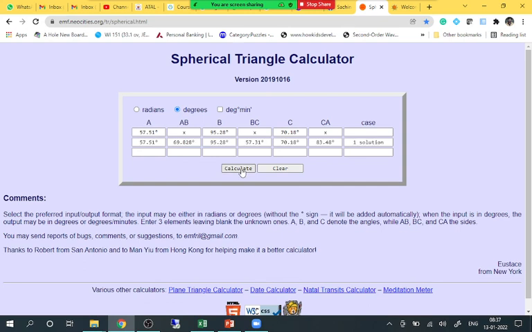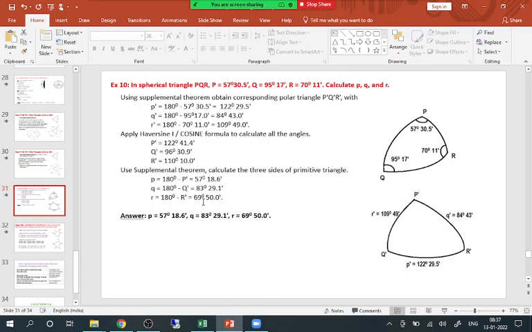So I said calculate, and you observed we got a unique solution again. Only one solution we got, and the answers are 69.82 degree, 57.31 degree and 83.48 degree. See, the first answer is 69.82. So it may be this R, 69.82 degree, which becomes 69 degree 49 minutes. You can cross check also.